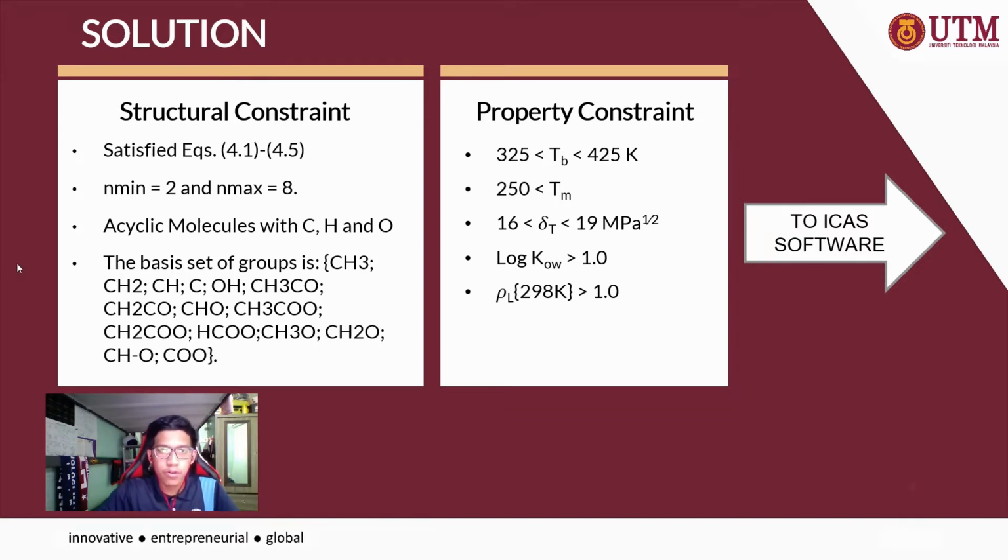And then for property constraint, it is given normal boiling point, normal melting point, the solubility parameter, and log P of octanol over water. So this is the information that will be used in the ICAS software to generate the molecules. For the ICAS software use, it will be presented by Is Haziq and Aiman Jiwahi.